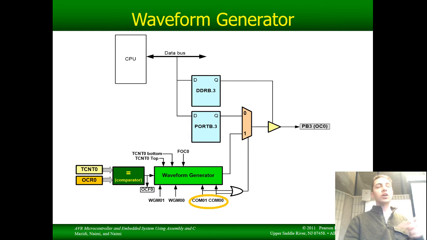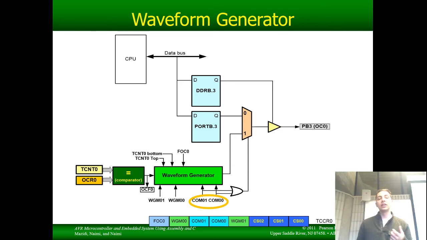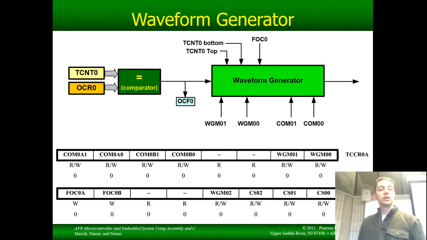Okay, so the COM bits are actually the most interesting. The COM bits live inside our control register TCCR0A, or 1A or 2A. That's where they live. And for each channel, we have 2 bits. So the way we read this is COM0, that means it's the COM bits for timer 0.